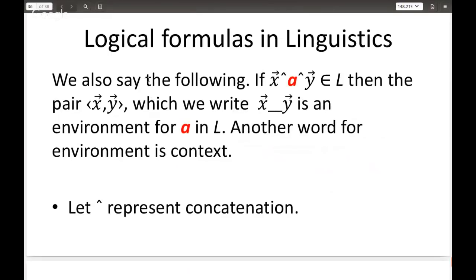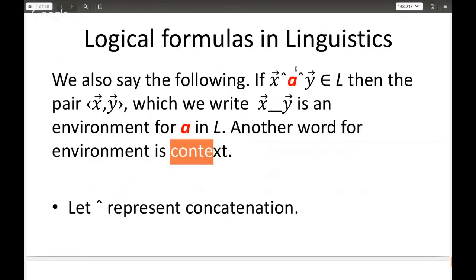And so we fundamentally say that here. We also say the following. If this set of strings concatenates in between this particular phoneme and belongs to the set L, then the pair, which we write this way, is an environment for A in L. Another word for environment is context.